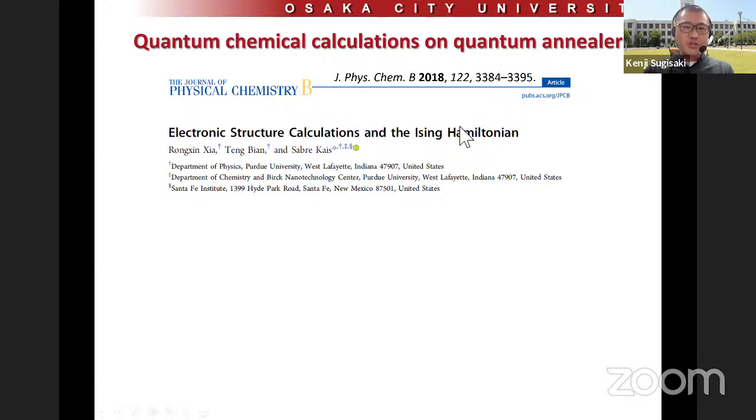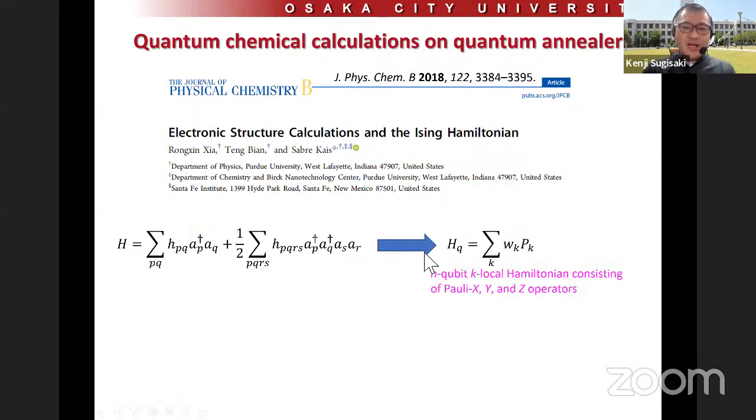An approach to transform the molecular Hamiltonian to the Ising Hamiltonian is described in this paper. First, of course, we have some quantum Hamiltonian. And by applying the Jordan-Wigner or Bravyi-Kitaev transformation or something, we can obtain the Pauli qubit Hamiltonian, which is described by a linear combination of Pauli strings.